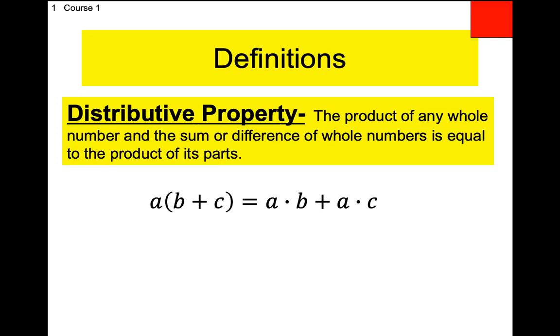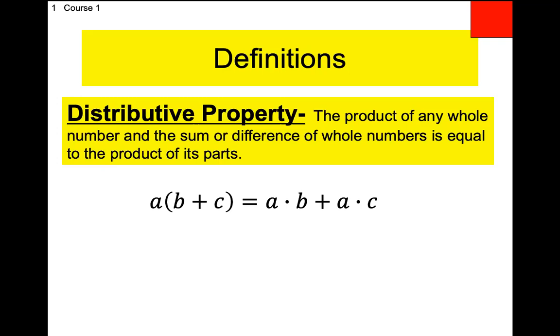So, A times, we say the quantity, B plus C. So this is the product of any whole number and the sum, we'll see difference here in a second, is equal to the product of its parts. Just write that down. Trust in my guidance, and this will make sense after we do some examples.